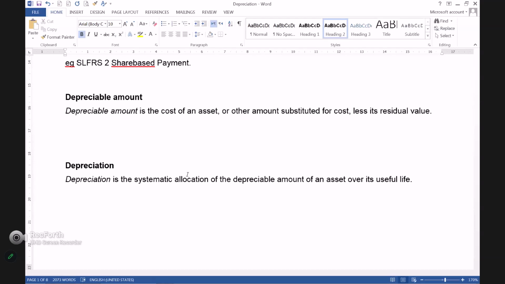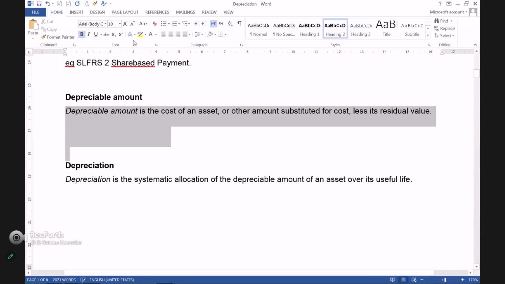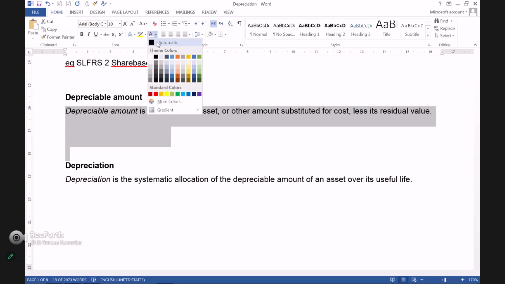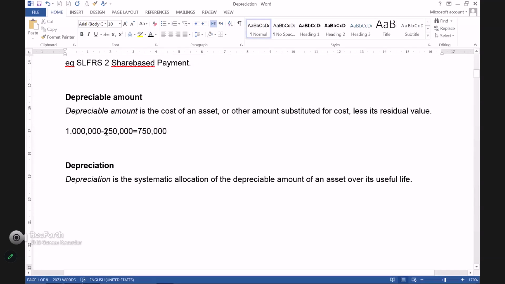The depreciable amount is used when you calculate the depreciation for an asset. For example, here you can see this is the cost, 1 million.